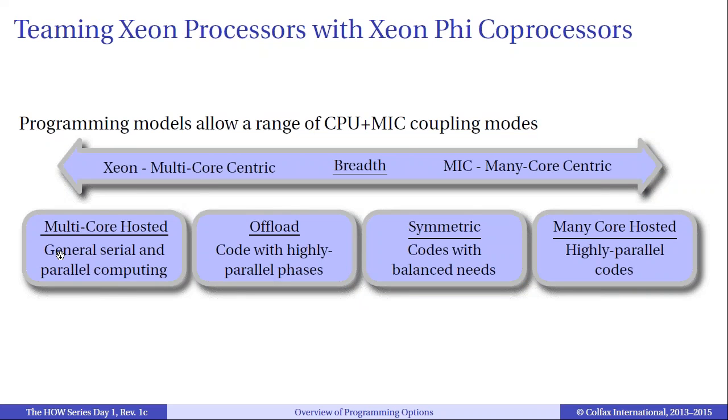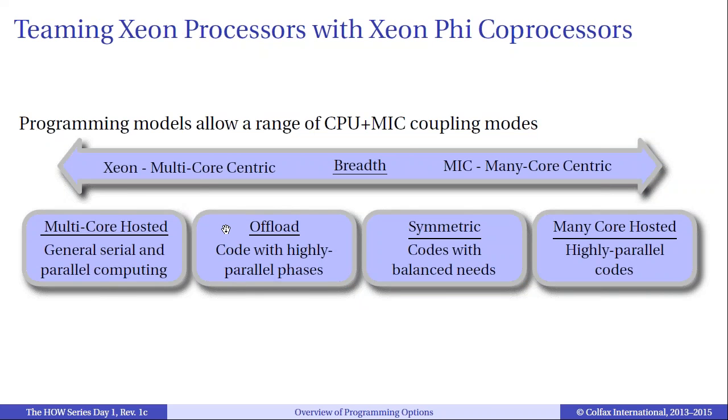But sometimes parts of your application are serial and they need a versatile processor such as Xeon, but other parts are highly parallel, and you want to offload the highly parallel parts to the Xeon Phi. This is where you can use the offload model.